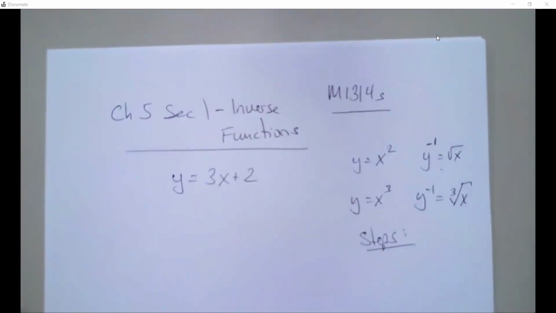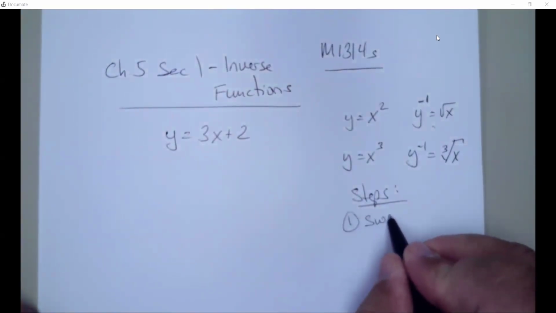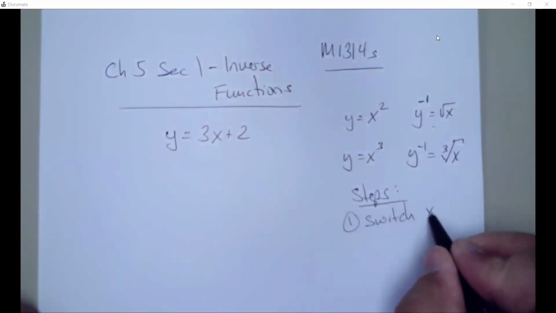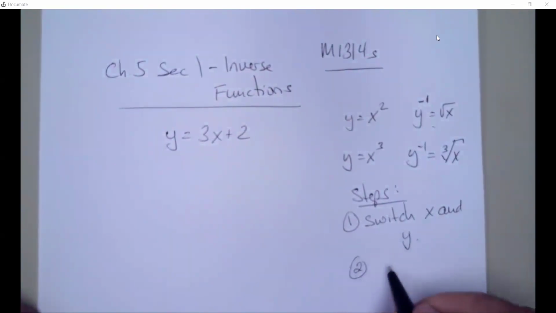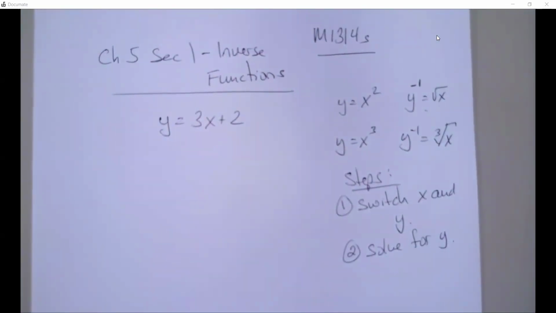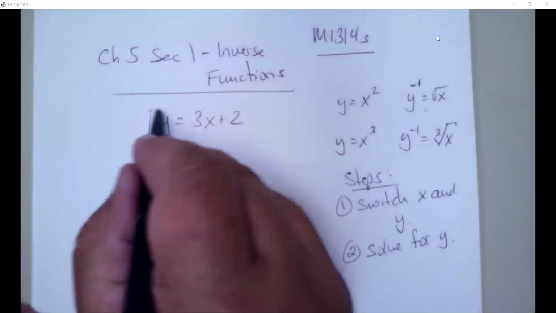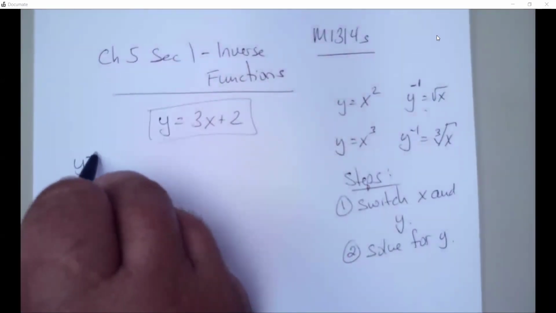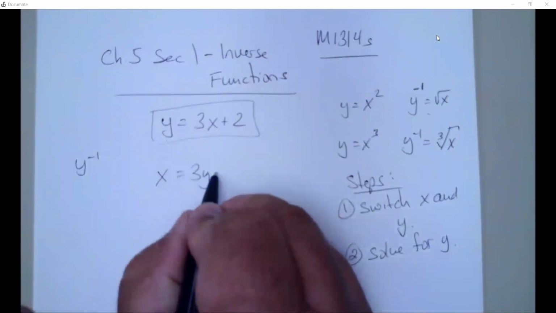Here are the steps to find the inverse. Switch x and y. Then solve for y. So here's my function. My inverse function of that would be, I first switch x and y.